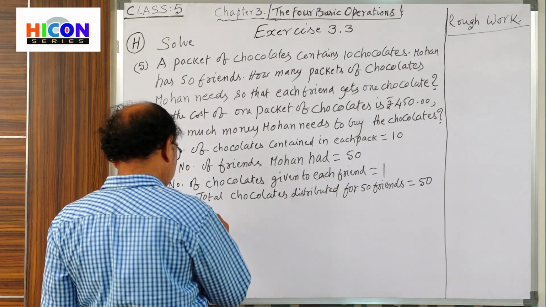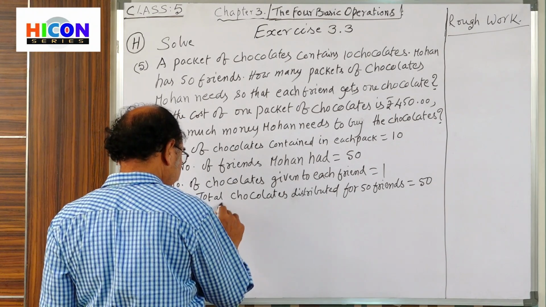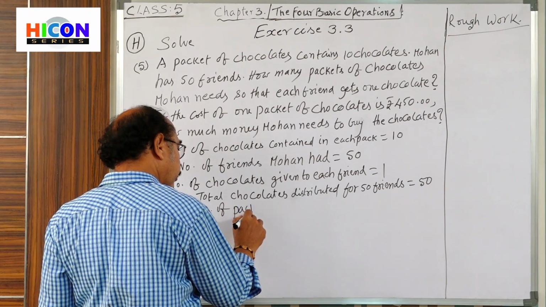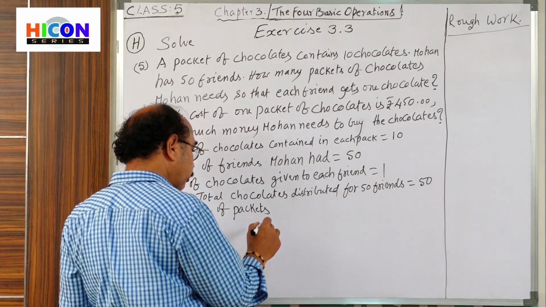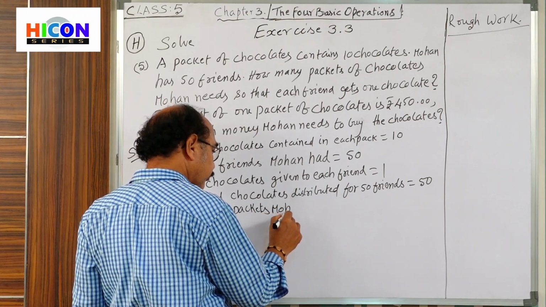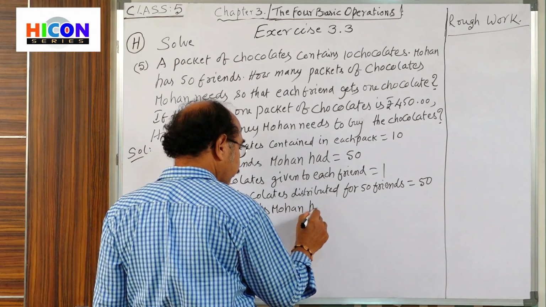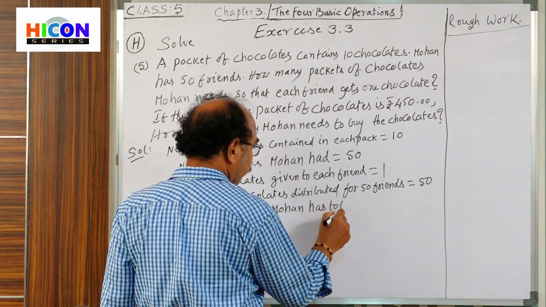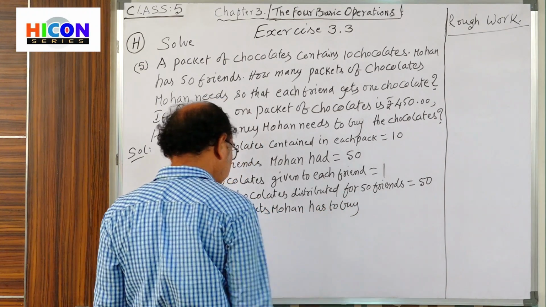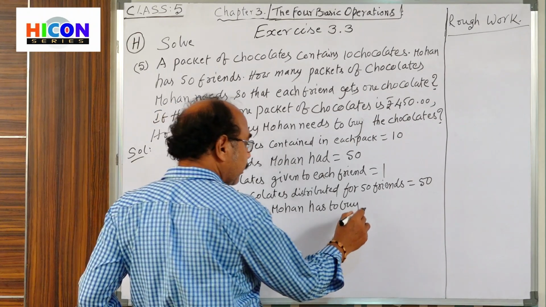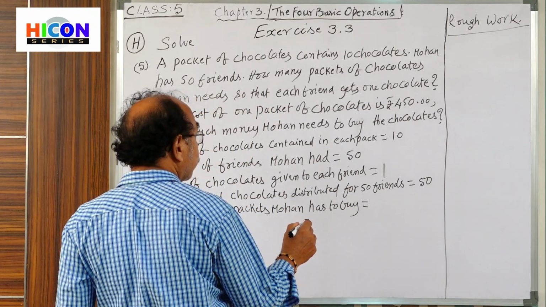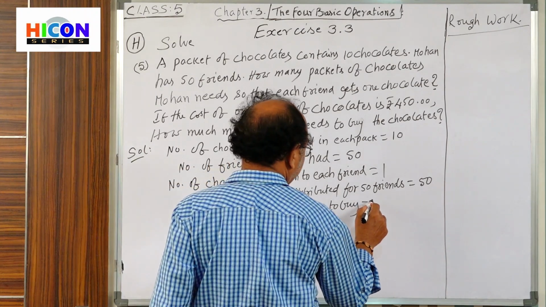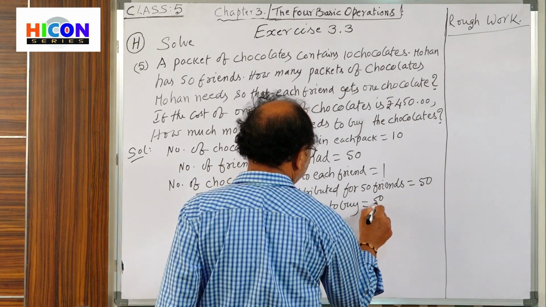So, number of packets Mohan has to buy is equal to, okay, here 50 by 10.